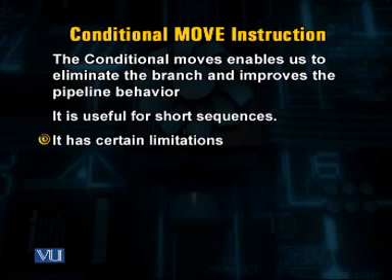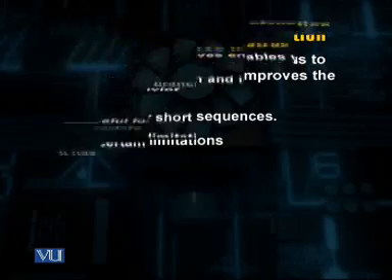However, it has certain limitations. When predication is used to eliminate branches, for those branches which guard the execution of large blocks of code, many conditional move operations may be needed.